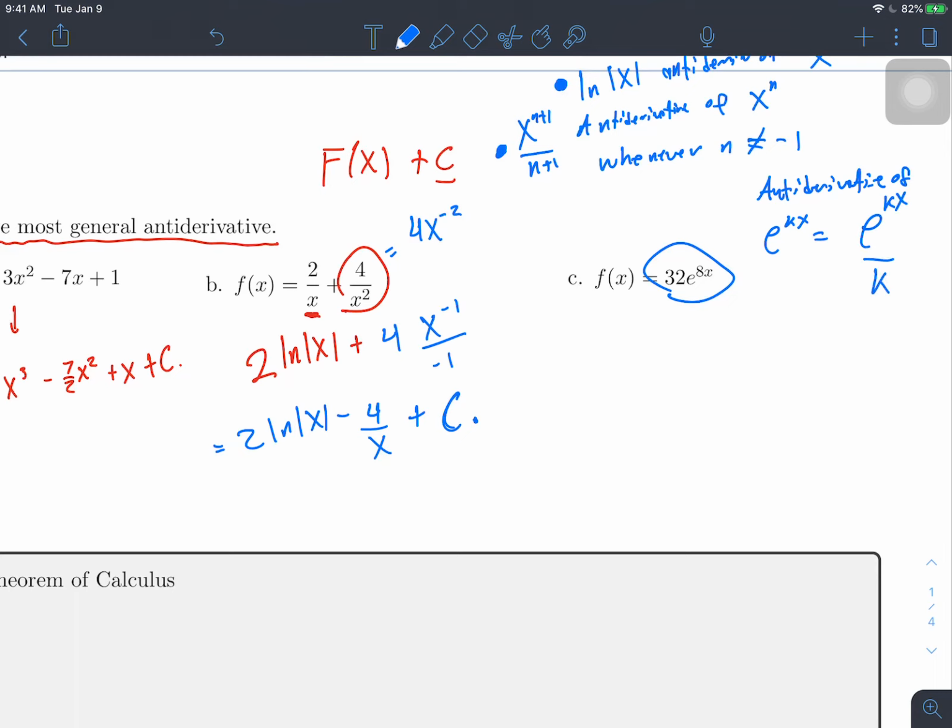Yeah, very good. E to the kx over k plus c. Perfect. So the 32 is going to float, and I'm just going to leave e to the kx as it is. That's e to the 8x, and I should divide by 8, and then I should add c. So I get 4e to the 8x plus c. Very good.